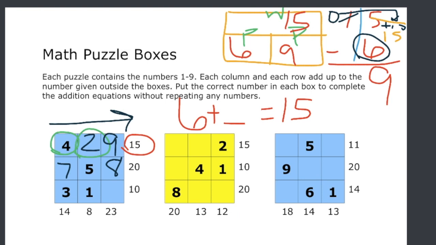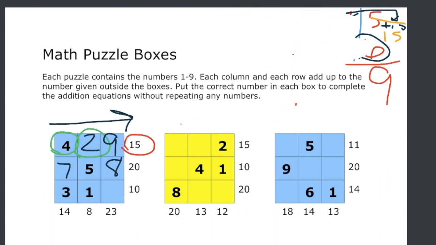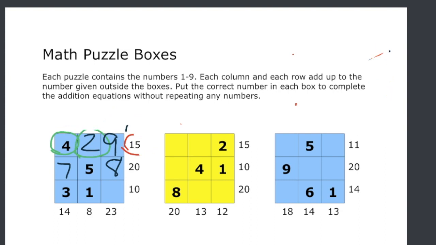All right. We have one more box to fill in, guys. Here we go. We have 9 and 8. And since we're going this way, it has to equal 23. So we have 9 plus 8.